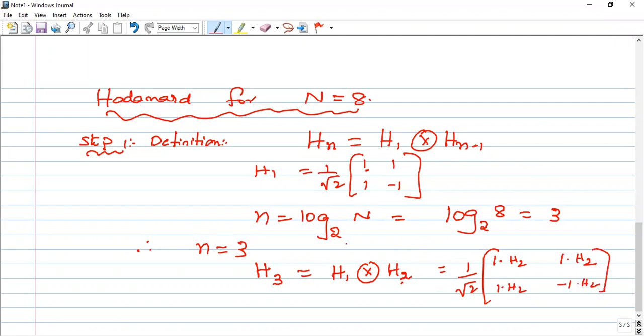Therefore H3 is equal to 1 by root 2 of H2, H2, H2, minus H2. So to calculate H3, we require H2. Now calculate H2.